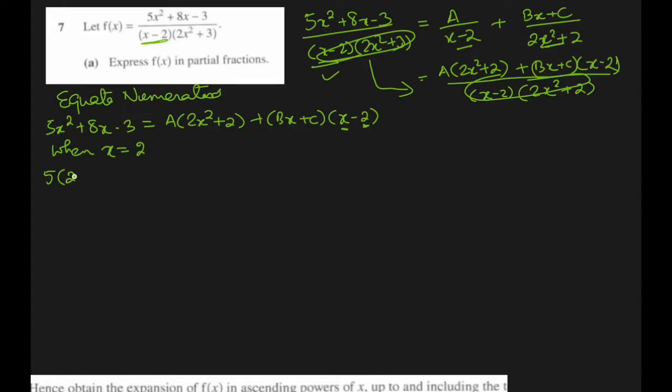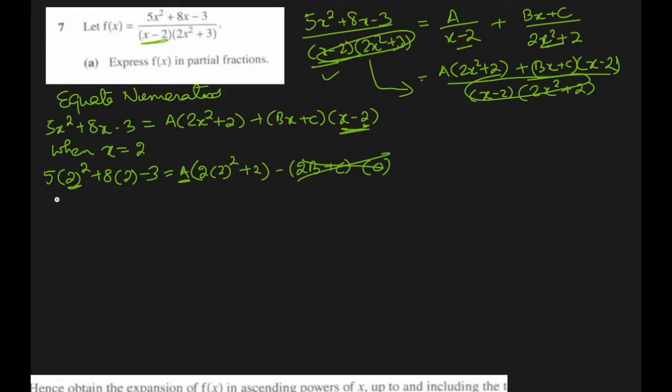It becomes 5 times 2 squared plus 8 times 2 minus 3 equal to A times (2 times 2 squared plus 3). I'm not writing anything here because 2 minus 2 will be 0. Or if you want, I can write (2B plus C) times 0, and this is gone. Now I'm left with this one. Only A is the variable here, which I can find now.